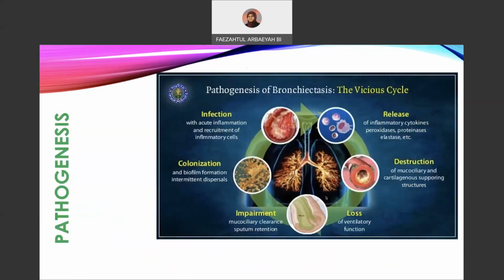A simpler way of describing the pathogenesis of bronchiectasis: repeated infection, colonization of the bacteria, impairment of the mucociliary clearance, and destruction of the mucociliary and cartilaginous supporting structure, the loss of elasticity, release of inflammatory cytokines by the inflammatory cells, and eventually the patient loses ventilation.